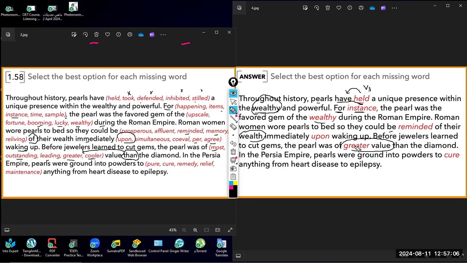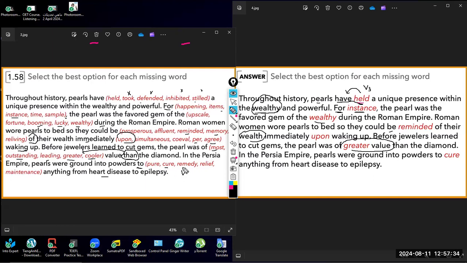In the Persian Empire, pearls were ground into powders to cure anything from heart disease to the end of the sentence. And guys, notice here that we have to. Because we have to, after to, I have to use a verb.